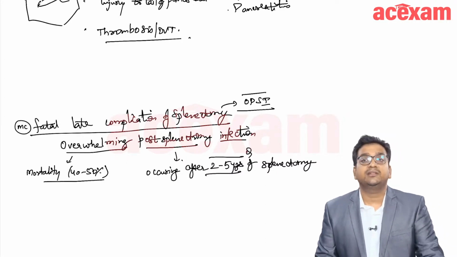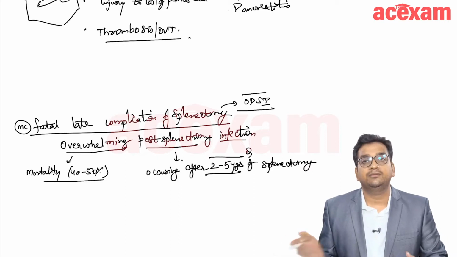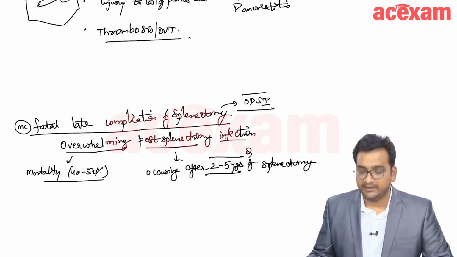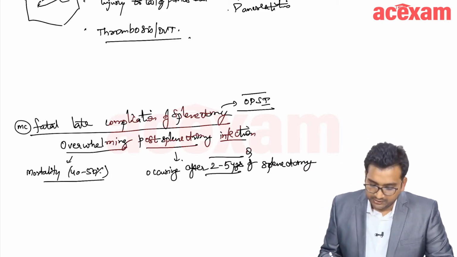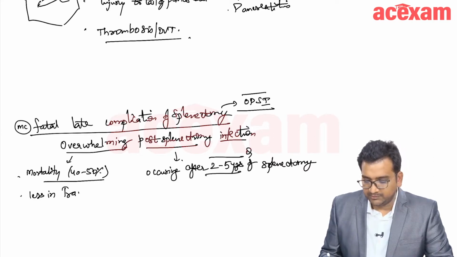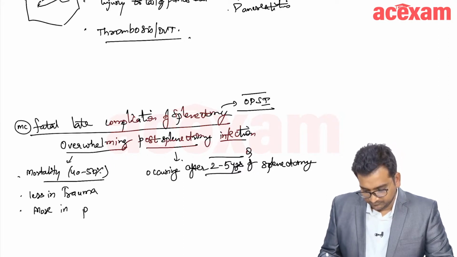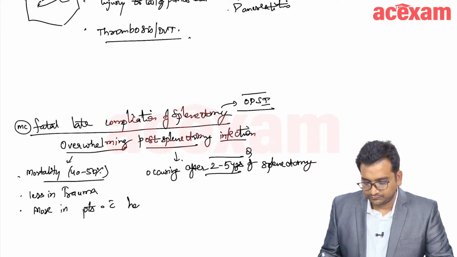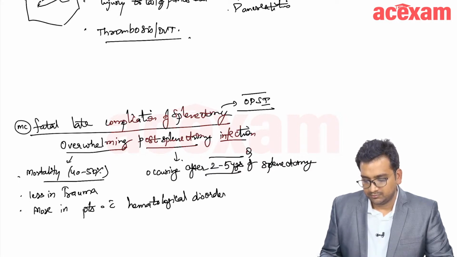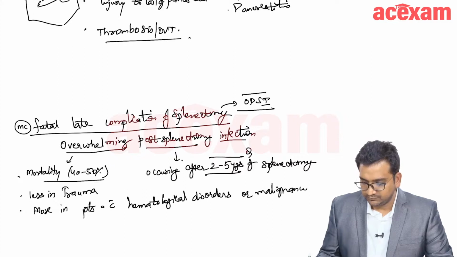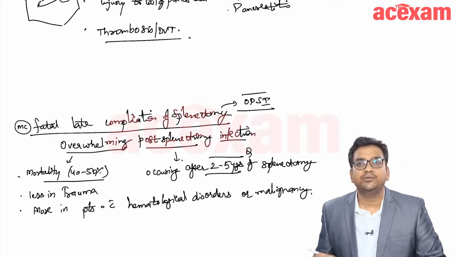The majority of cases occur within 2 years or after 2 to 5 years, so generally between 2 to 5 years of splenectomy. It is less in trauma patients, and more in patients in whom splenectomy is done for hematological disorders or malignancy. Mortality is 40 to 50%.